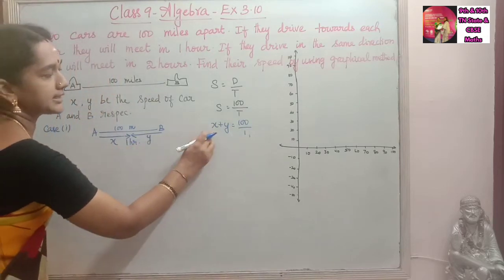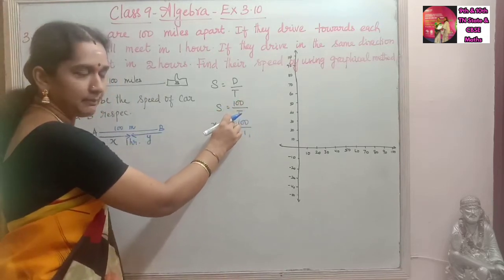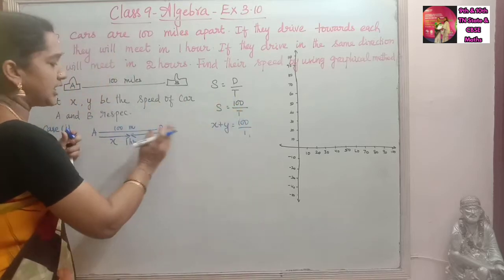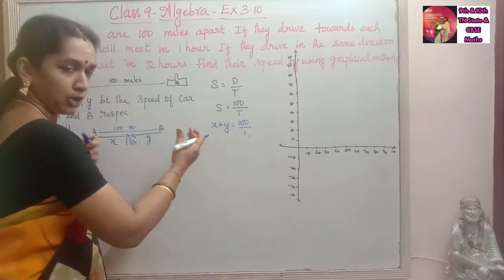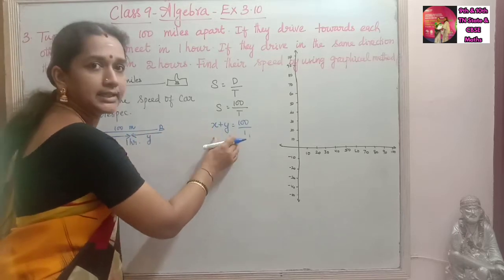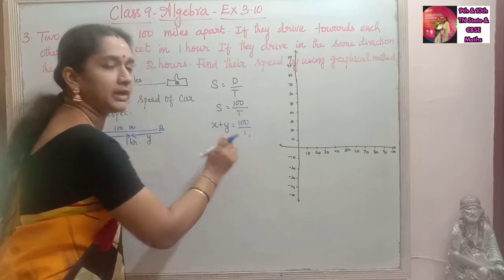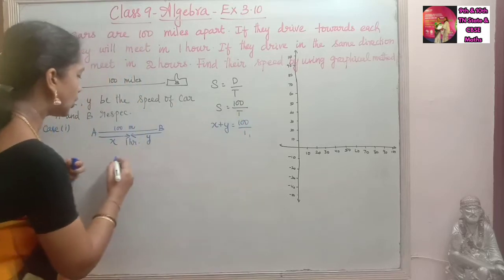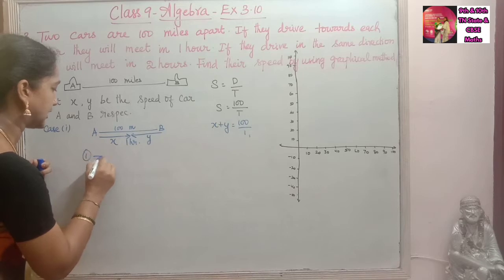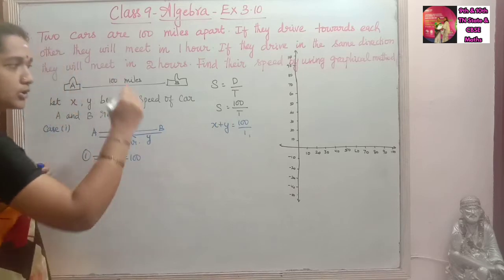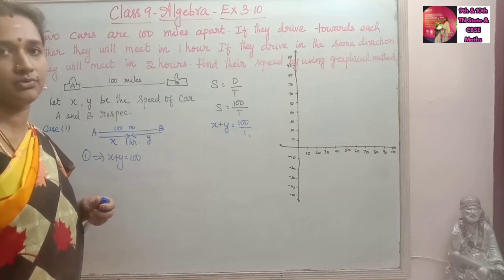Speed is equal to distance by time taken. Distance is fixed as 100. When they are moving towards each other, we get the speed as X plus Y is equal to 100 by 1 hour. So, we will get the first equation as X plus Y is equal to 100.